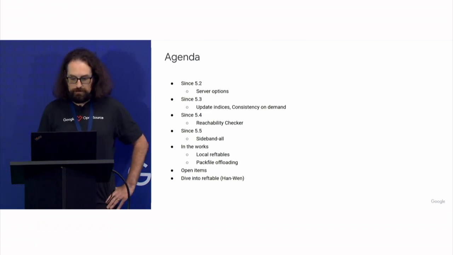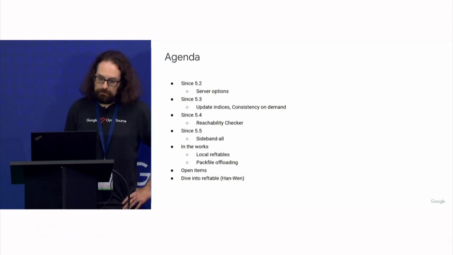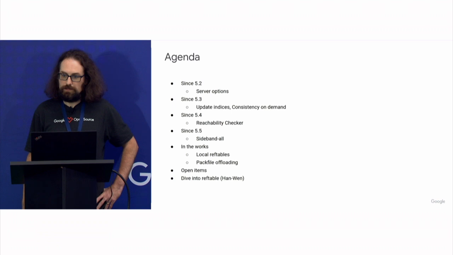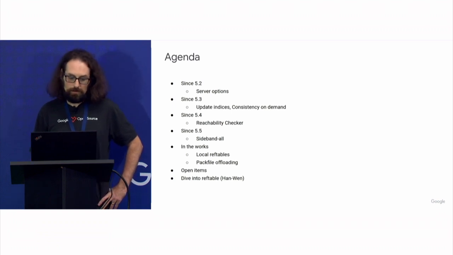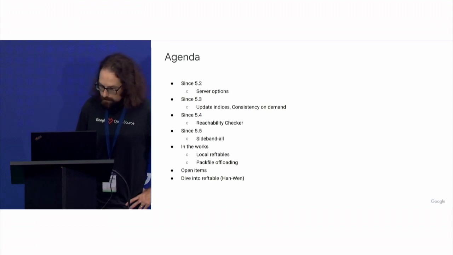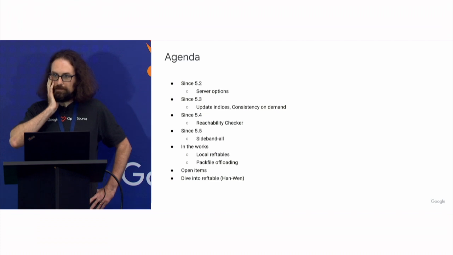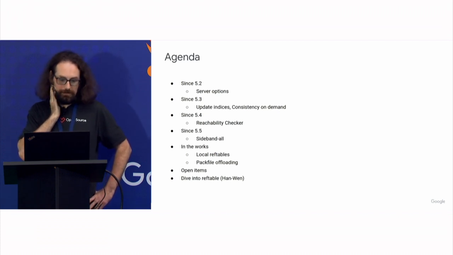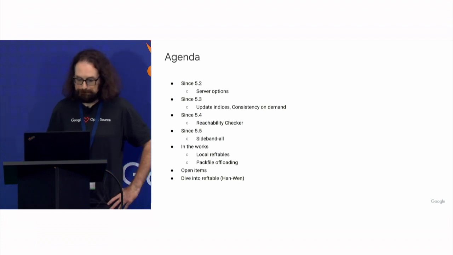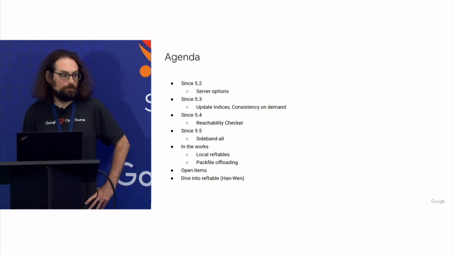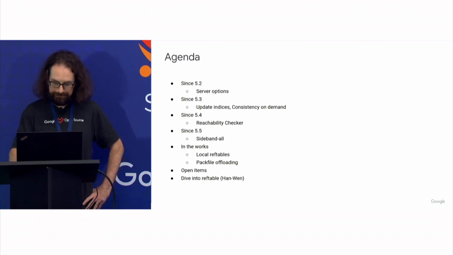Then we will move to something more related with performance, that was the reachability checker, and then move to things that are more in the works now, something called sideband all, which we need for a feature called pack file offloading. And then I will finish with some open items or things that we know need to be done in JGit, although they are not exactly in our work plan yet. And then I will pass the baton to Hangwen, who will explain the reftables, another big feature coming to JGit.